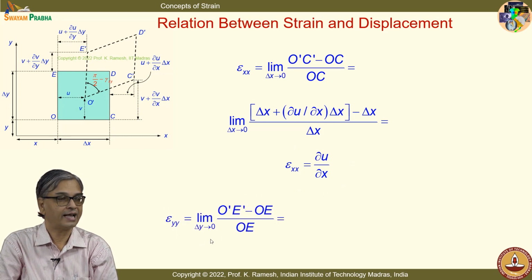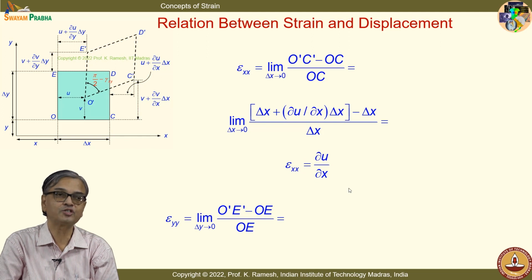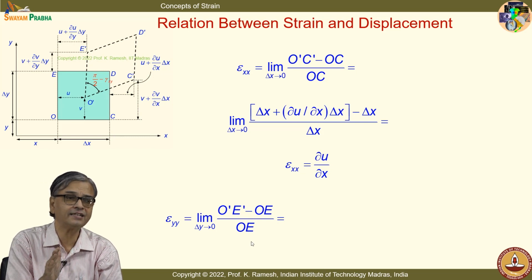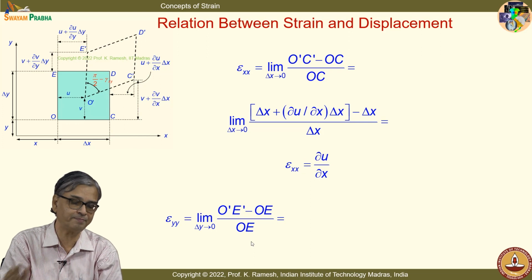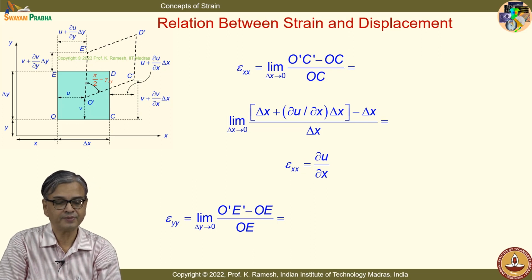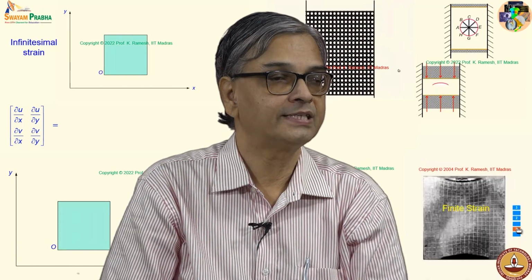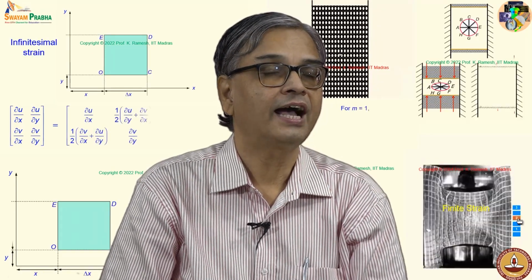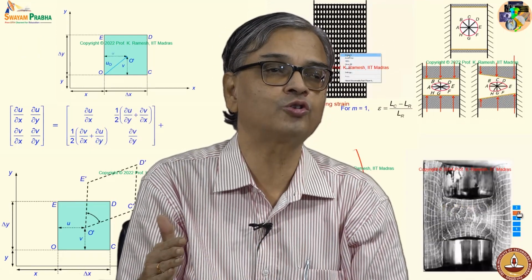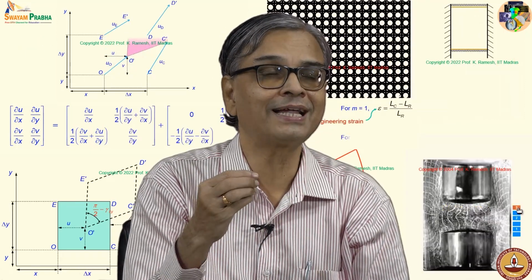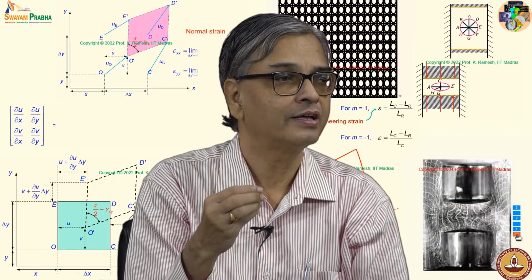Similarly, I get an expression for epsilon yy: O prime E prime minus OE divided by OE. So, change in length divided by the original length. That is the simplest definition of strain. When I substitute the quantities, this reduces to dou v by dou y. Is the idea clear? I can extend the same approach to get a mathematical expression for shear strain.